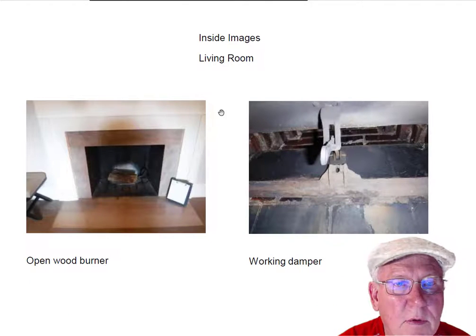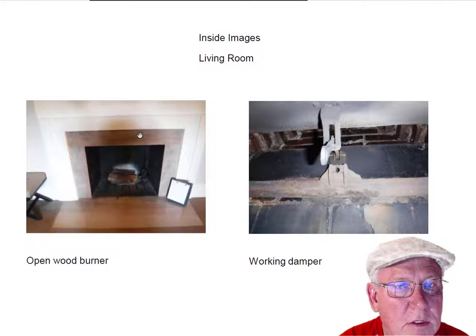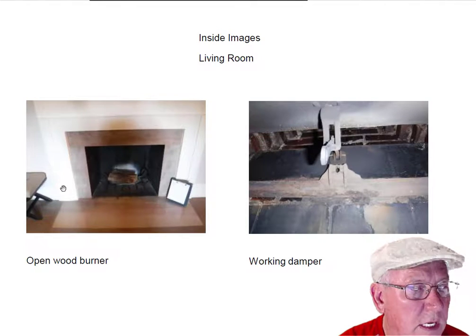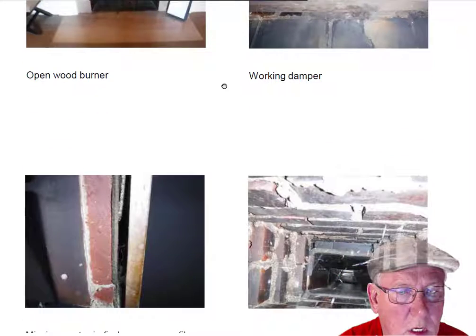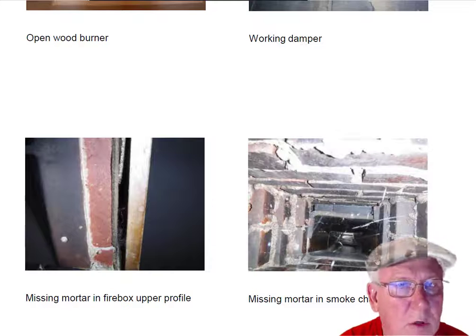Let's take a look at that living room fireplace. I wasn't sure whether this is a shadow or a smoke stain here. It could very well be a smoke stain, and I'll show you the reason why. This flue system should be 13 by 13, and it appears maybe they started out to accommodate a 13 by 13 in here. That would have been code required.